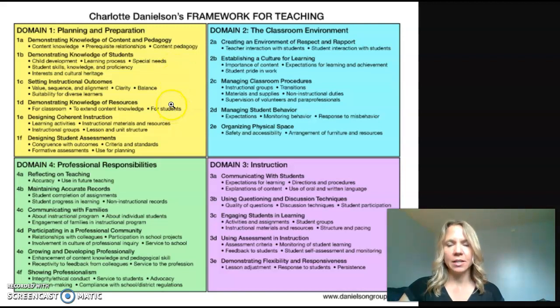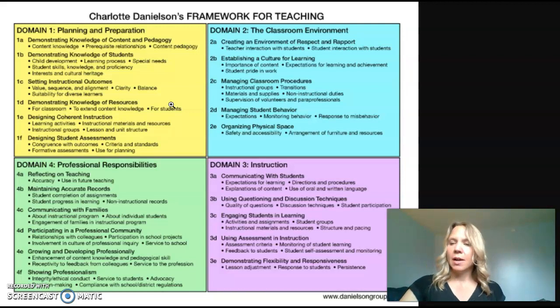Oh, 1C, sorry. Setting instructional outcomes. I start by looking at the Common Core state standards to see what students need to learn from the lesson, and I plan to clearly let them know what they need to learn and make changes for diverse learners.